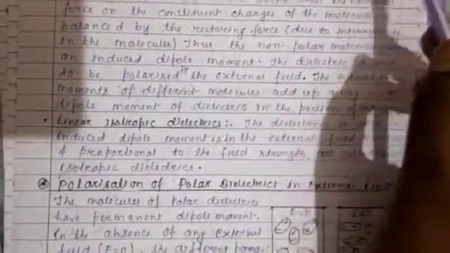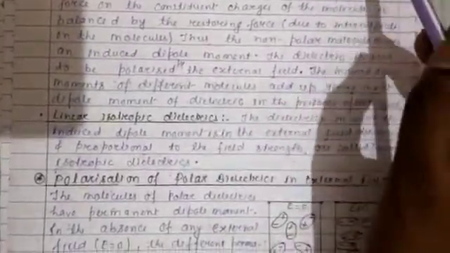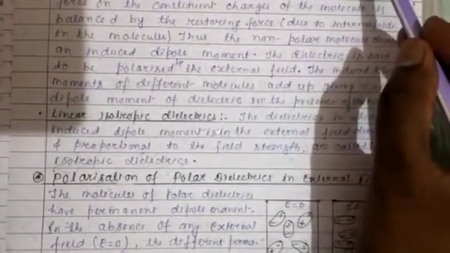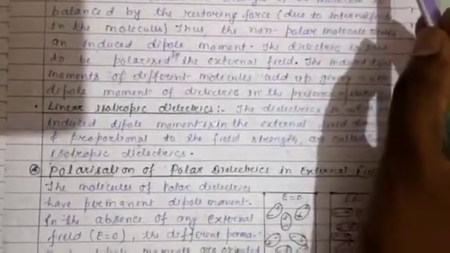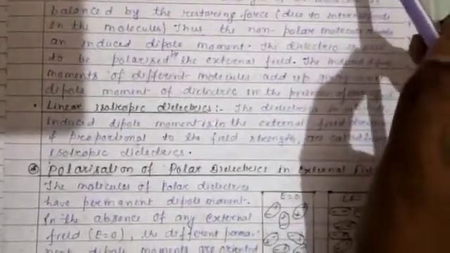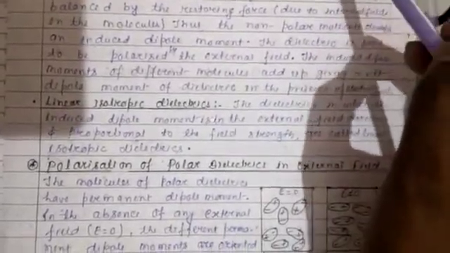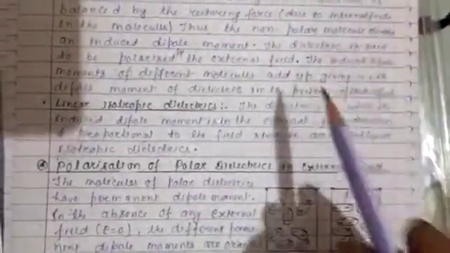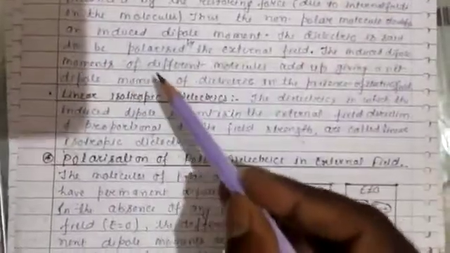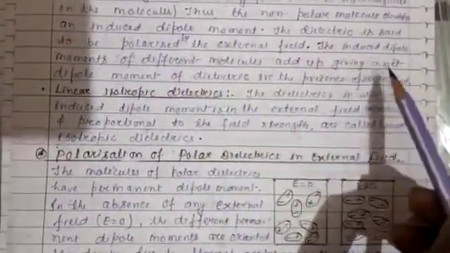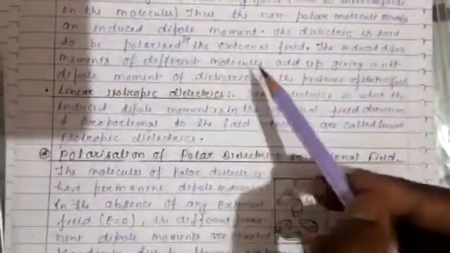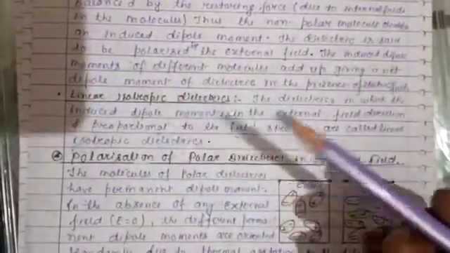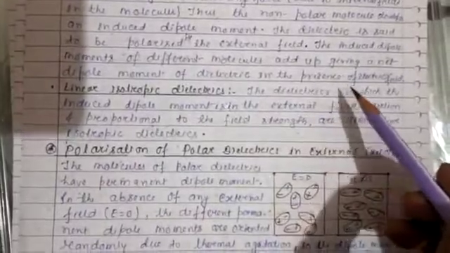In this condition, we can say the dielectric is polarized because each molecule has a dipole moment from left to right, and all the dipole moments add together to form the net dipole moment of the dielectric. The dipole moments of the different molecules add up, giving a net dipole moment in the dielectric in the presence of an electric field.